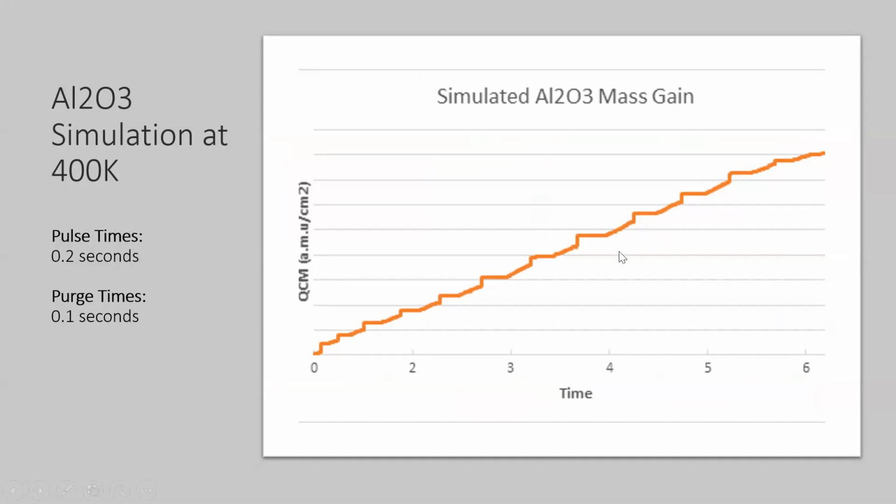So these sharp steps here are actually increase in mass during the water pulse. I did this again because the simulation was jumping to the end. So if I slowed down those reactions, it kept things puttering along until another event could occur.